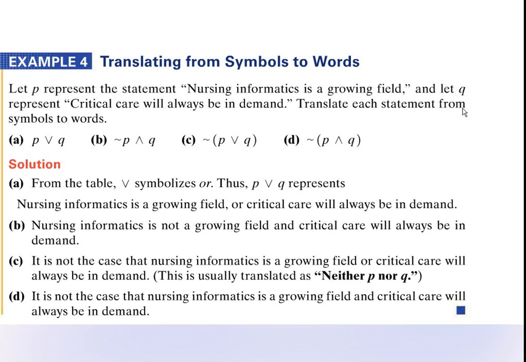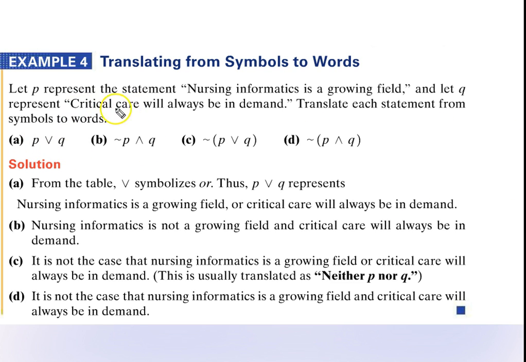Okay, now here it gets a little more challenging, and I've put the solution with it instead of putting it on two separate things, because you're going to have to look at the symbolism and then come up with a phrase to support it. So let's just look what they have as we take apart the symbols here.